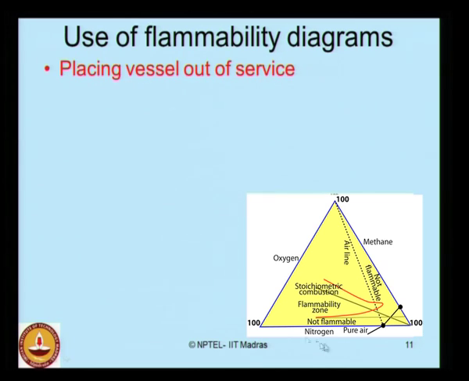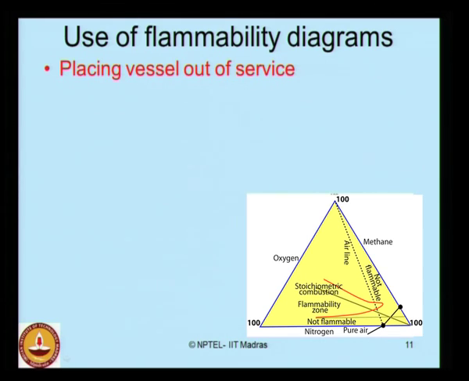You understand, for a specific concentration of pure air you will be able to plot what we call as an air line, which connects the apex of the fuel arm with that of the pure air in the nitrogen arm.